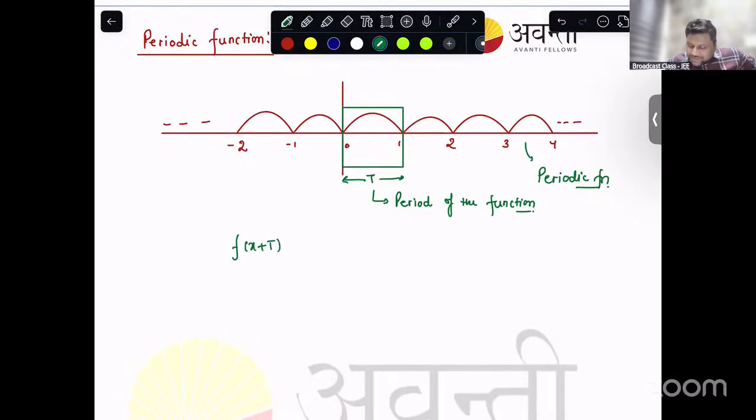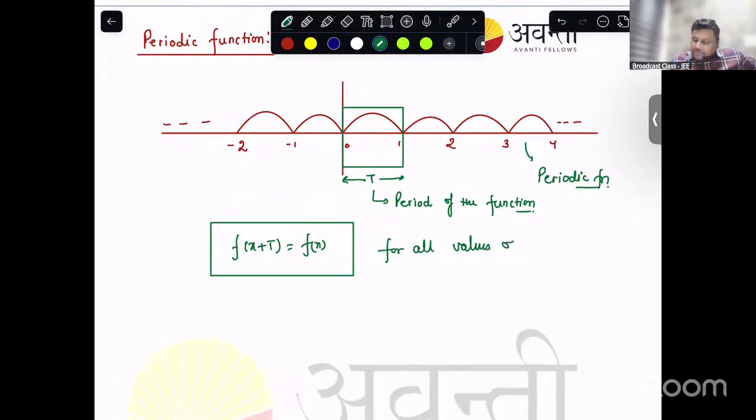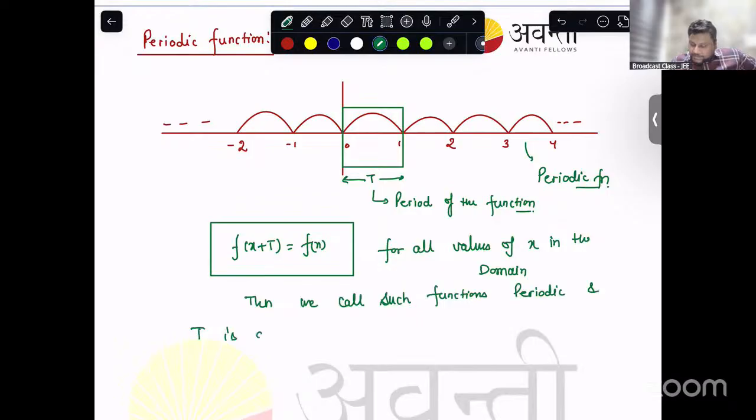If f of x plus t is equal to f of x for all values of x in the domain, then we call such functions periodic, and t is called the period of the function.